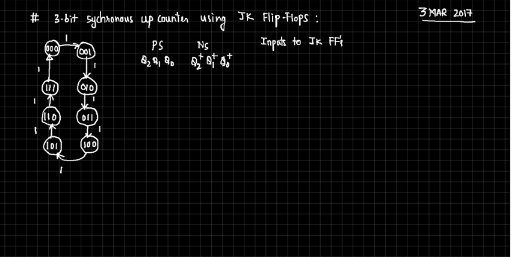How many flip flops are there? 3, right? So there will be 6 such inputs: J2, K2, J1, K1, and J0, K0.